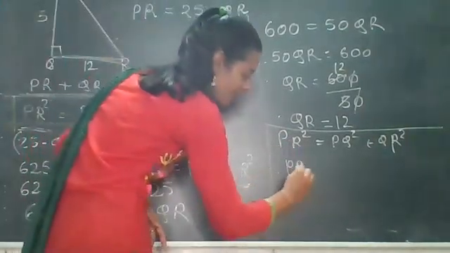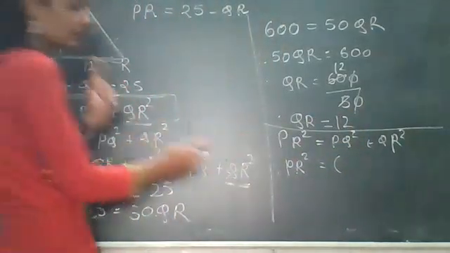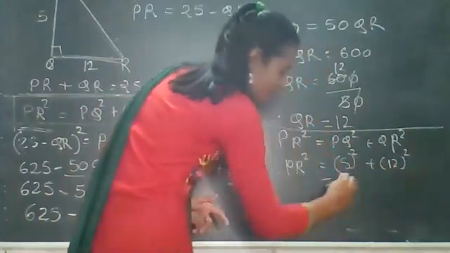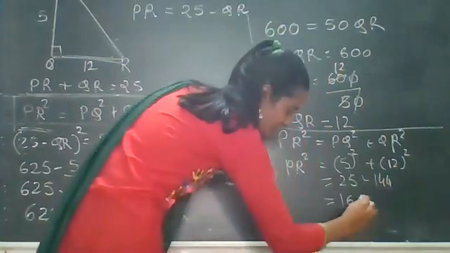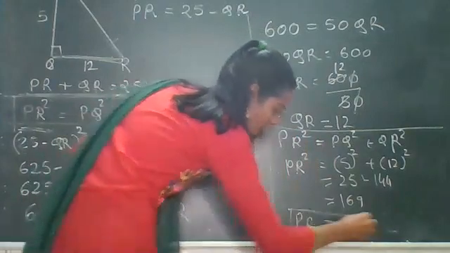So PR square is equal to PQ square, PQ is 5, so 5 square plus 12 square. 5 square is 25, 12 square is 144. It becomes 169, and taking the square root, your PR is equal to 13.